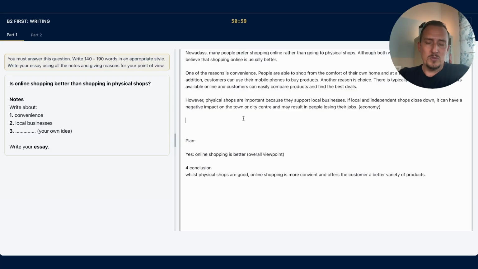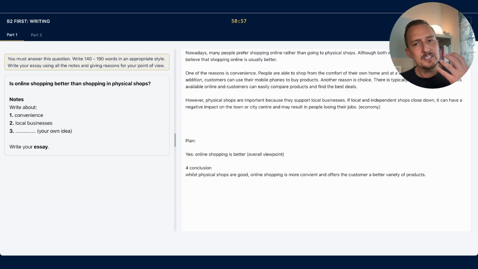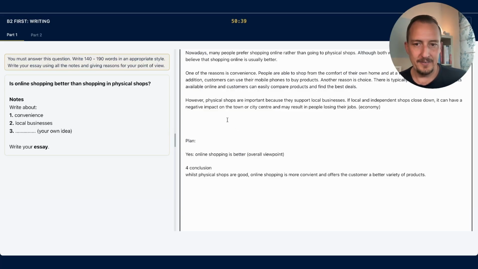So now we want to write our conclusion, and this conclusion can be quite short. It doesn't need to be too long. And what we want to do is sort of summarize our opinion. So when you're writing a conclusion, think about, what have I said? What have I said, and how can I summarize what I've said? So we've shown, on the one hand, that physical shops are important, or we might want to say valuable.